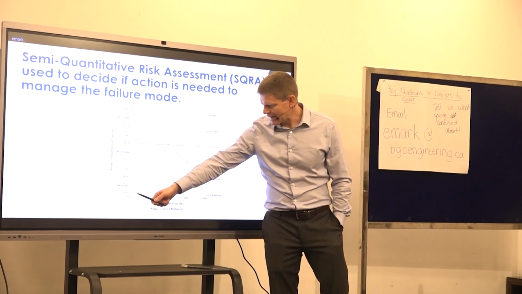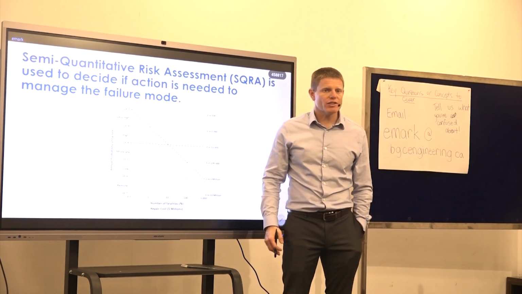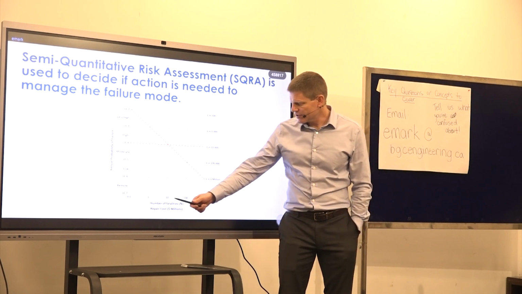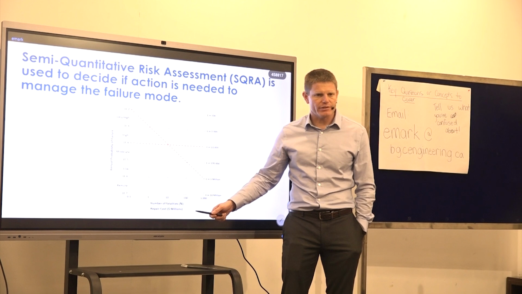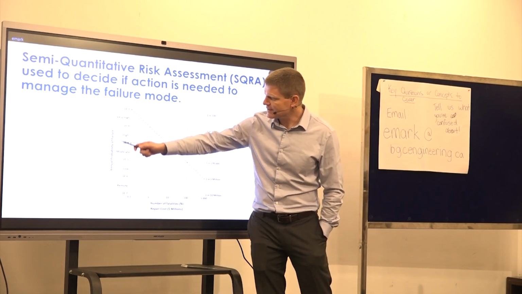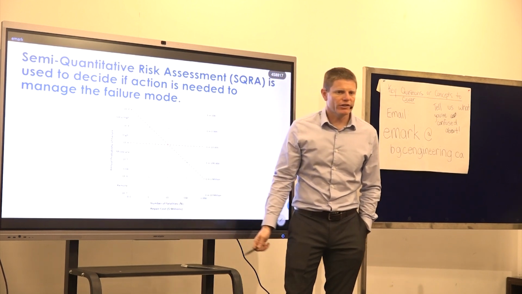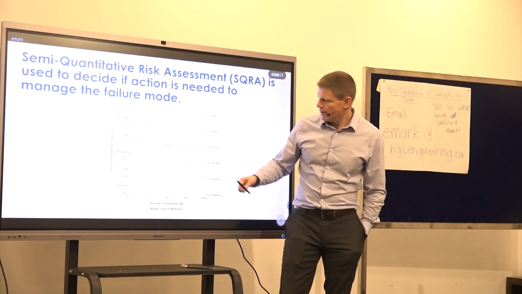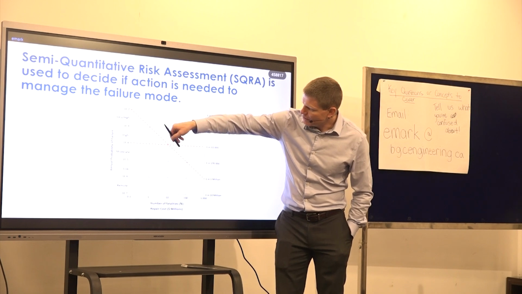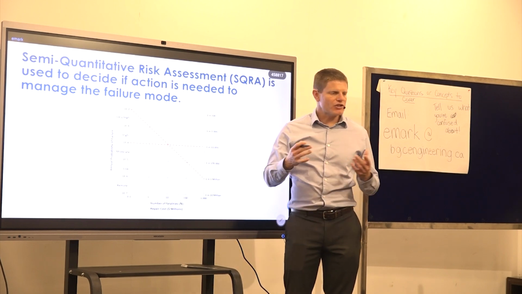On the x-axis is some measure of the consequence of the failure. This could be the number of fatalities that's caused, or it could be the cost of repairs. And on the y-axis is the probability of failure. So this is how likely this failure mode is to occur. And these lines represent some measure of tolerable.